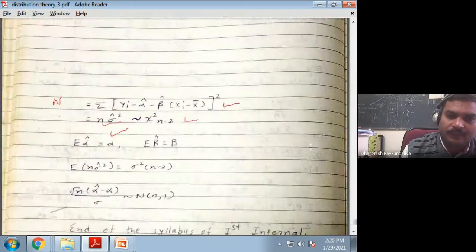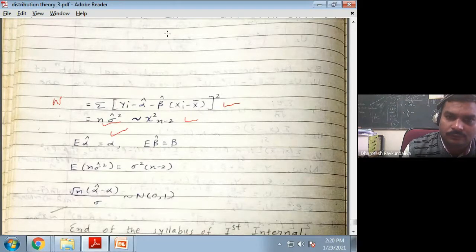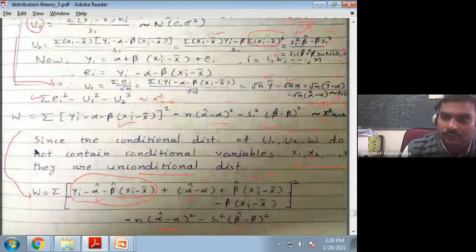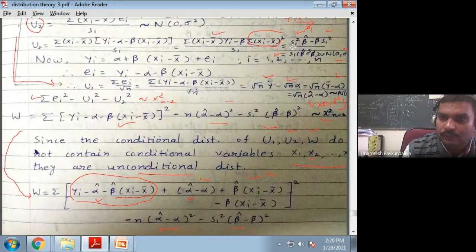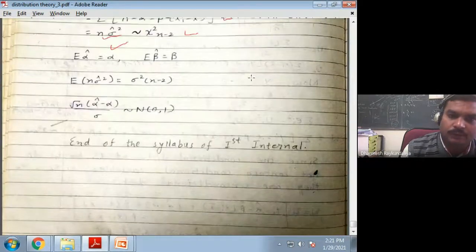Similarly, because you know this result, S1 root beta cap, S1 beta cap minus beta is normal 0 sigma square. If you find the expectation of that, again it is beta.